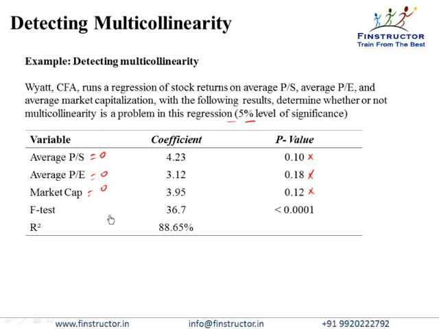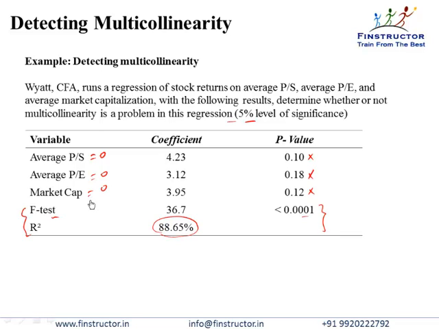But if we see the utility of the model as a whole as regards the f-test, then we see that we can reject this null because it requires a very low level of significance. At 5% we can definitely reject this null, and even the r-square is quite high. So the model as a whole is explaining the dependent variable quite well.